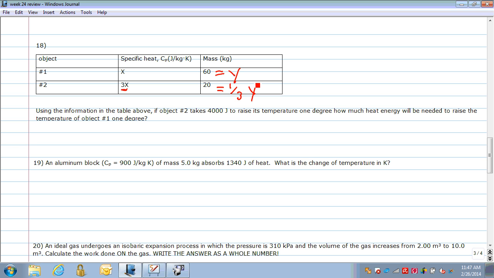Okay, so the problem says, using the information in the table above, if object 2 takes 4,000 joules to heat at 1 degree, how much heat energy will be needed to raise the temperature of object 1 by 1 degree?